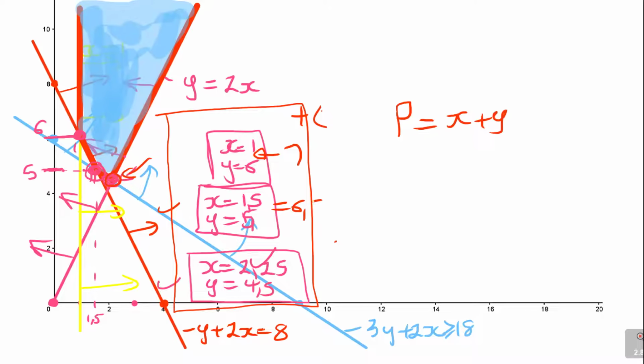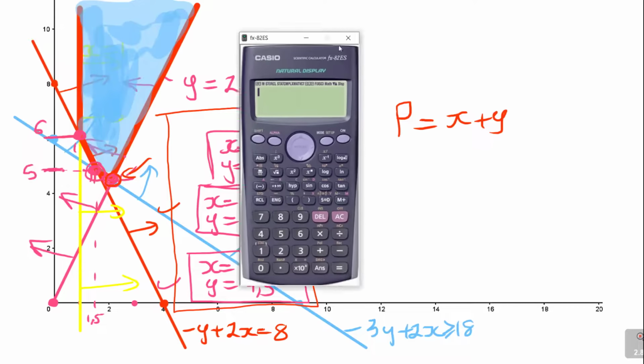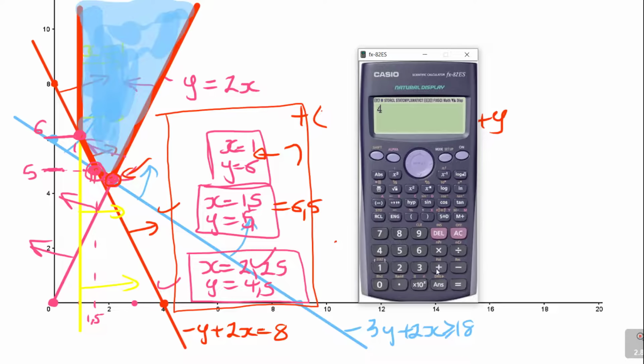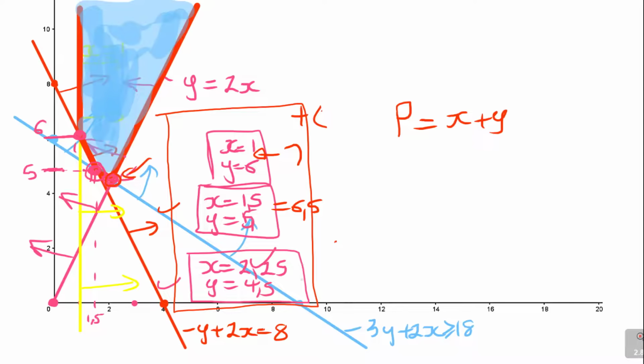This is 6,5. What about here? 4,5. 4,5 plus what? 2,25. I think that's what I need to add there. 4,5 plus 2,25 is equal to 6,25.